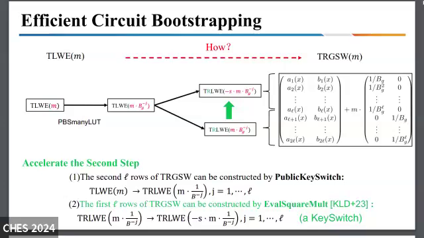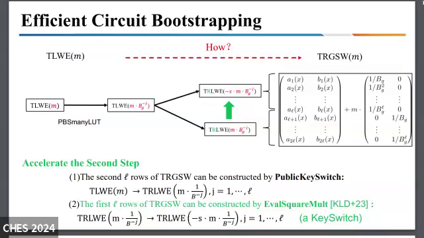The first step is PBS with a lookup table, also called functional bootstrapping. After this step, we must convert the TRLWE to TRLWE, and we can combine these ciphertexts into the desired TRGSW ciphertext.